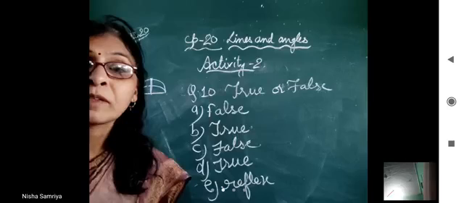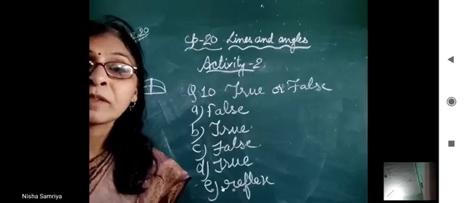Sometimes the differences are asked, sometimes the definition is also asked. So you know that a line has no end point. It cannot be measured, and it has no definite length.